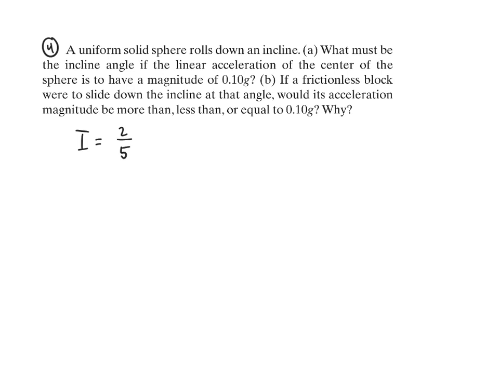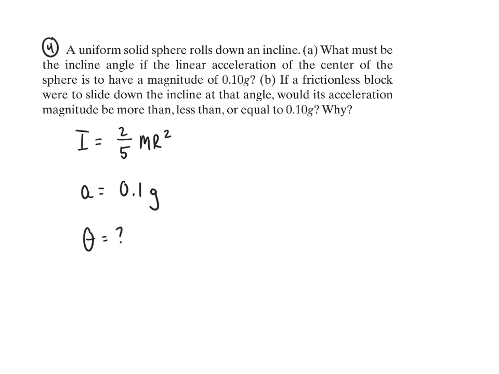I have the table up in front of me here, so I'm just looking at it as we go through. We're also told that the linear acceleration is going to be 0.1 g. So we're looking at a fraction of g in this problem. Hang on one second, my brightness is way too high. Okay, there we go. 0.1 g. And then we're looking for the angle.